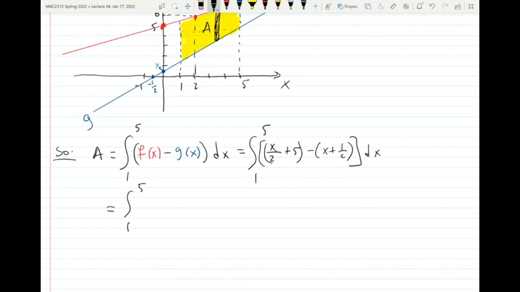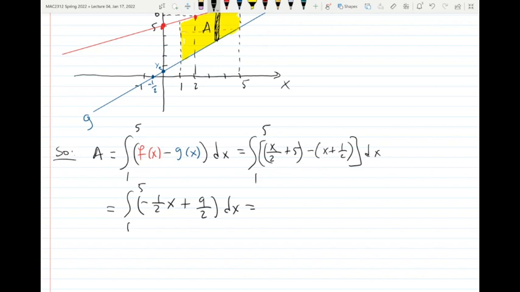Integral from 1 to 5. When I distribute the negative, I get negative x. So 1/2 x minus x is negative a half x. And then 5 minus a half. This is 10 over 2, so that's 9 over 2, right? dx.